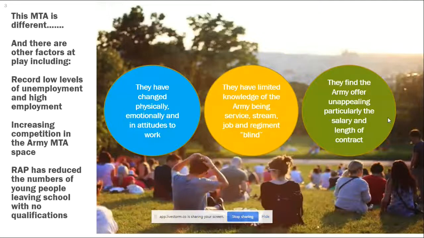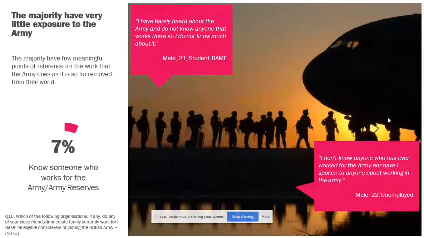We also have the interesting fact of a decreasing sphere of influence. Only 7% of the people we're targeting know of somebody in the military. For us, that's quite a big challenge, because there are a lot of misconceptions about what the army is.